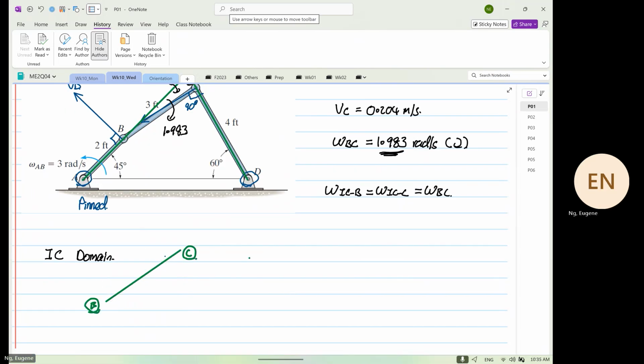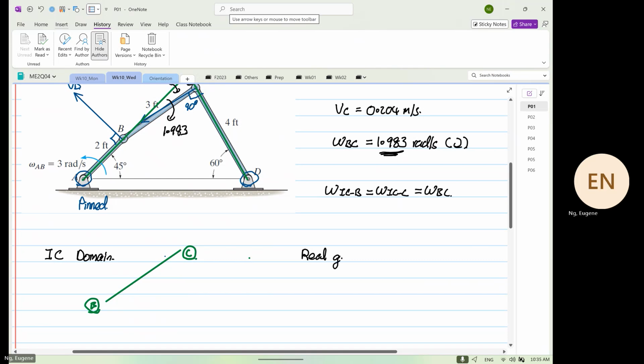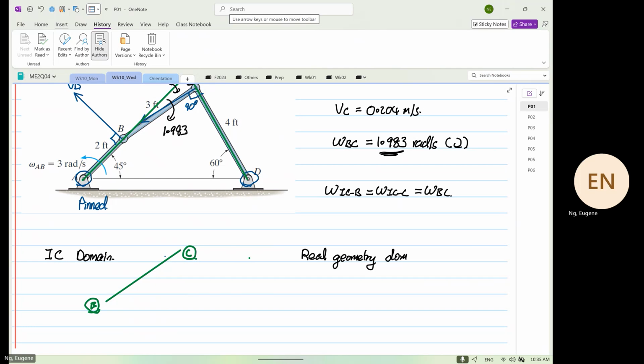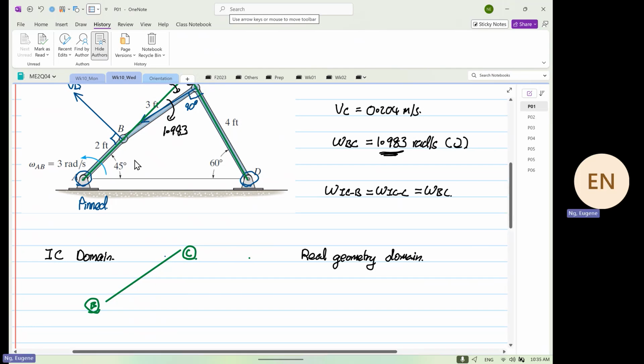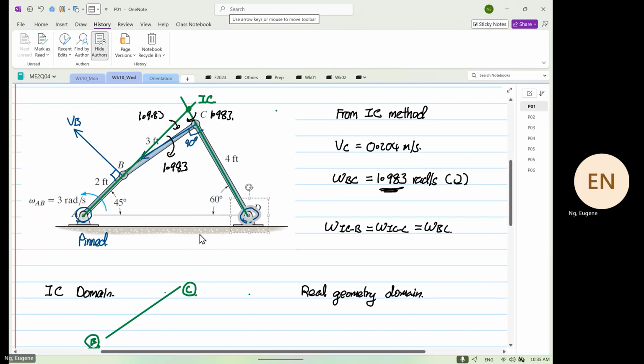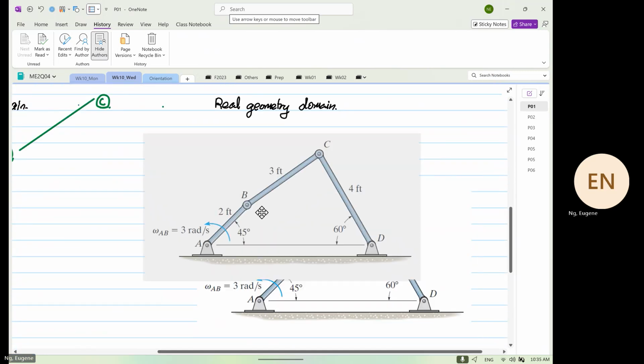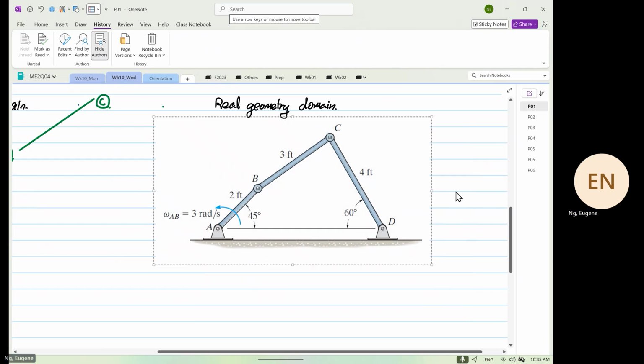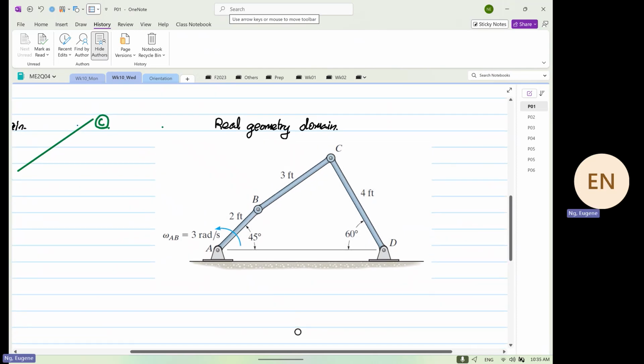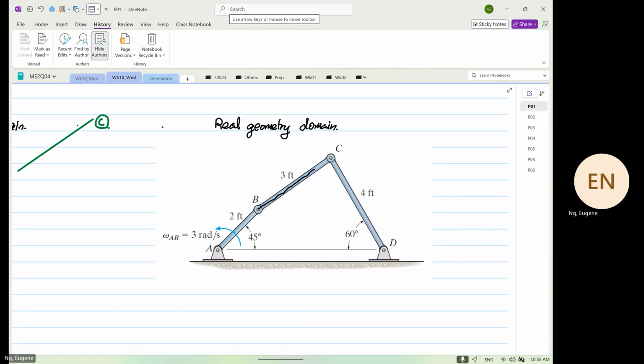In the real geometry domain, we also have member BC. So I'm going to take this whole thing. Member BC is also over here. Agree?